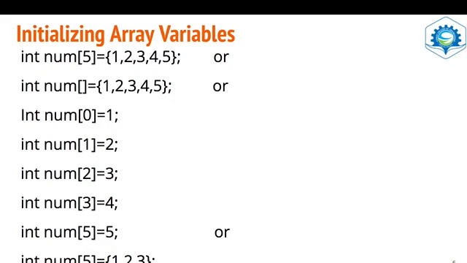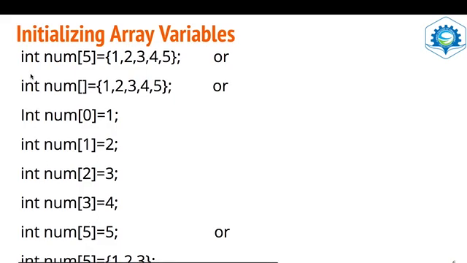In order to do that, we can either initialize array variables or give values at runtime using scanf, which is a totally different case. If you have a fixed valued array, you can directly give values to those locations, and you can do the initialization in different ways.